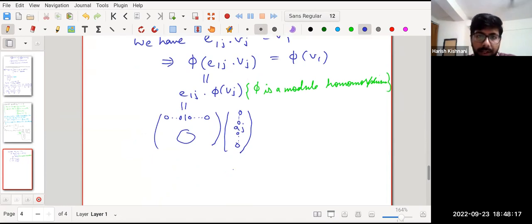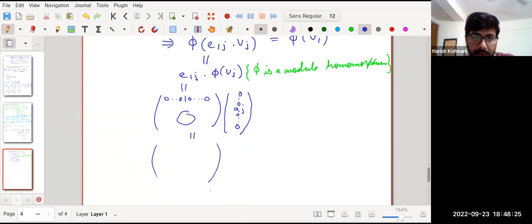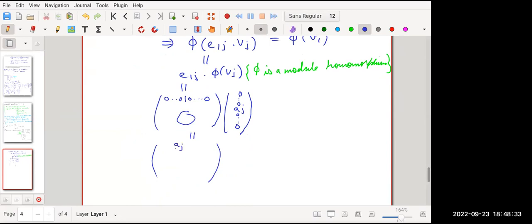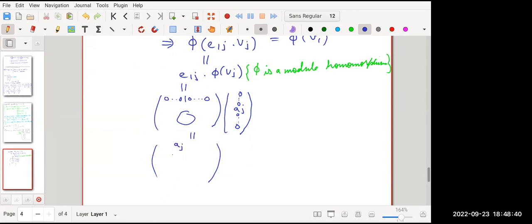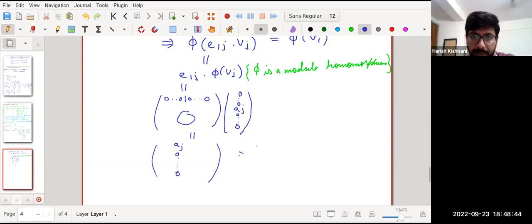What will you get after multiplying it? You will have aj here at the first place, and the rest of the entries 0, and that has to be the same as your phi of v1.